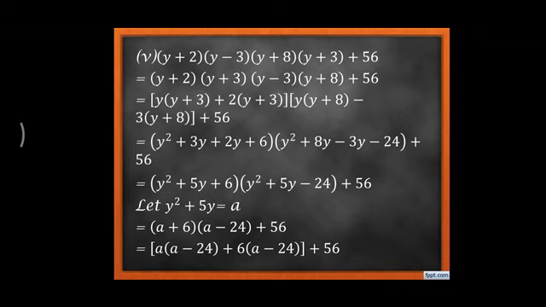Again we will multiply both of them, a into a minus 24 plus 6 into a minus 24 plus 56. So we have a square minus 24a plus 6a minus 144 plus 56. So we will add a square minus 18a minus 88.